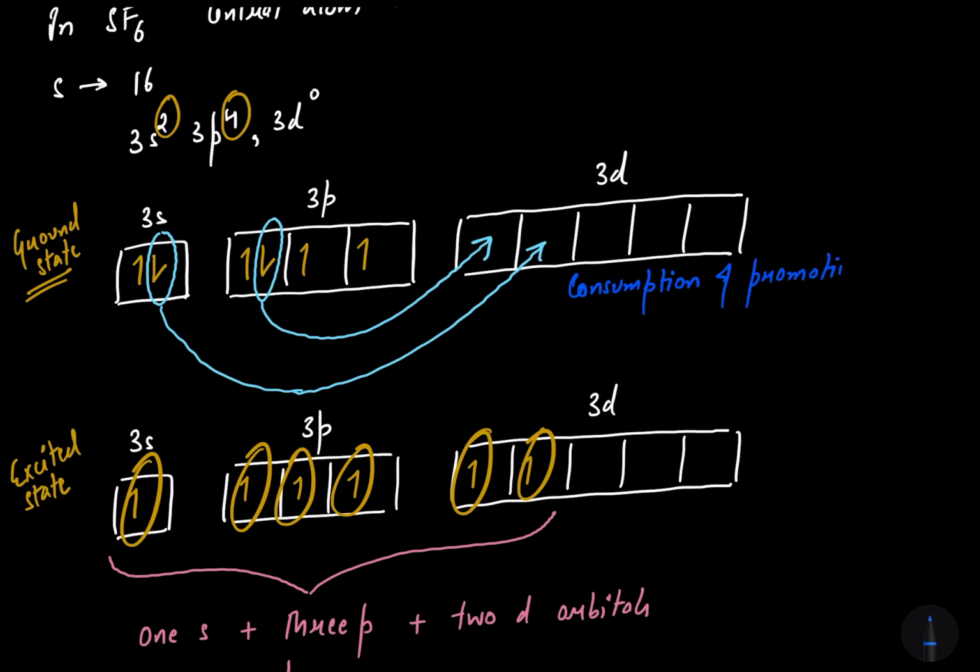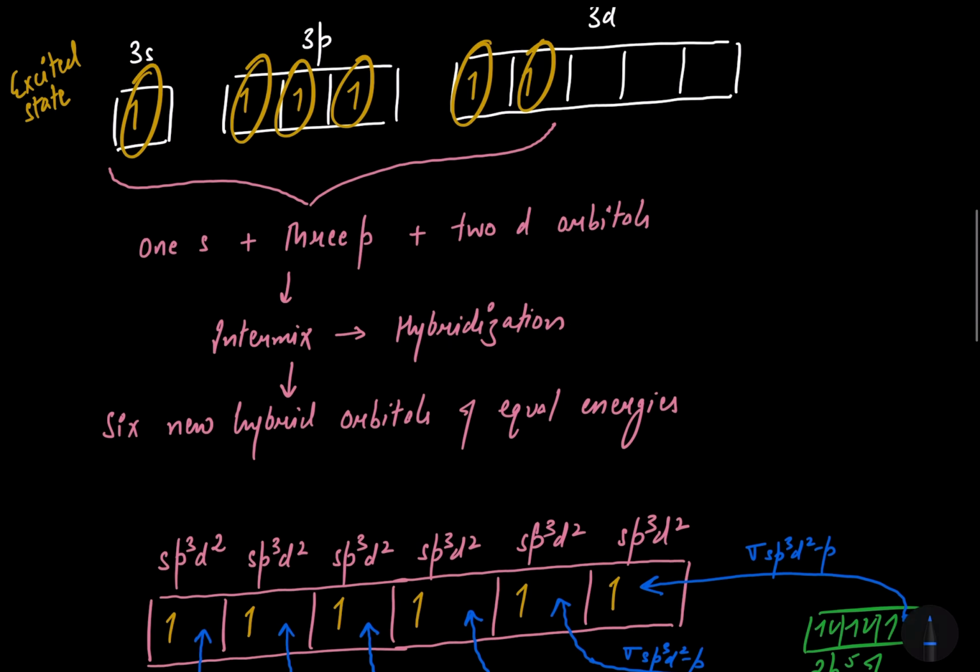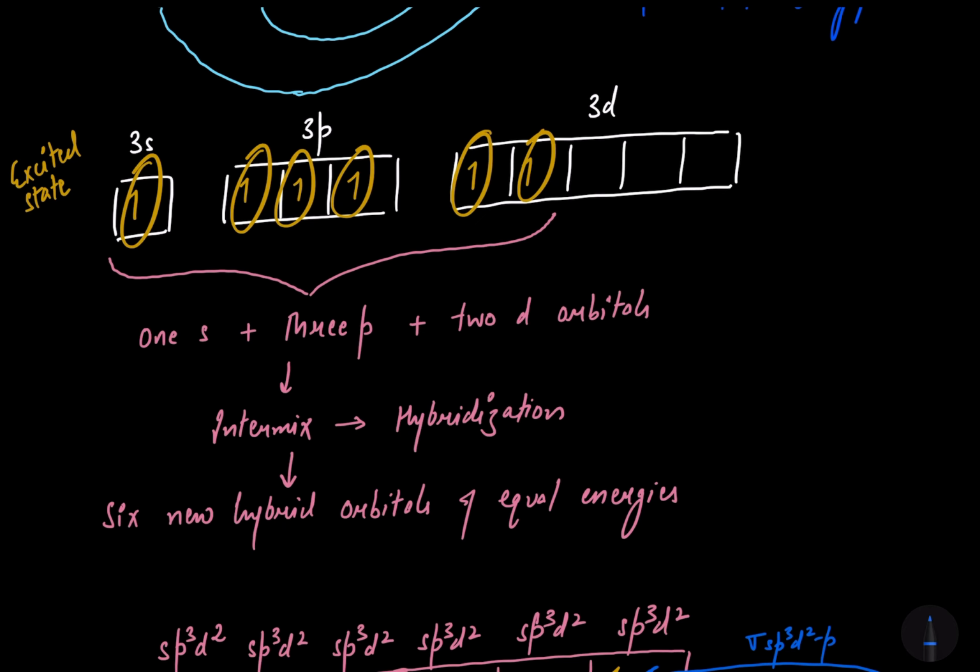That is, energy is required to promote electrons from 3s and 3p to the 3d orbitals. For that, energy is required, so here is the consumption of promotional energy. Another type of energy consumed is the energy required for intermixing of atomic orbitals. So here is a consumption of hybridization energy, the energy required for intermixing of atomic orbitals.